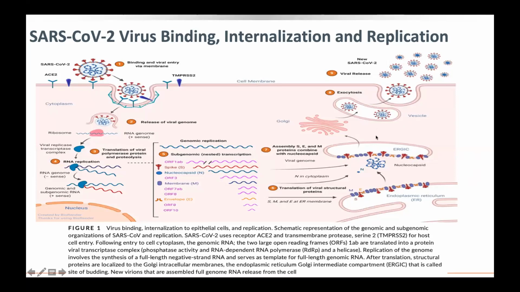Those occur as budding out at the end. Now, this process is a very fast process, and as a result, there are errors which are made, and those errors, once they are made, lead to formation of new variants, which we have seen over these past 2 years for SARS-CoV-2.